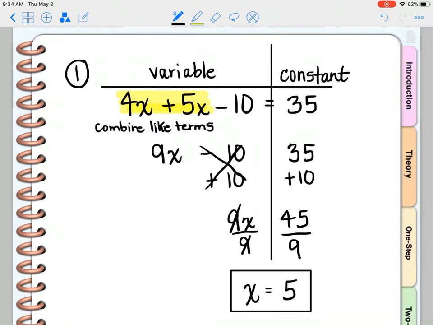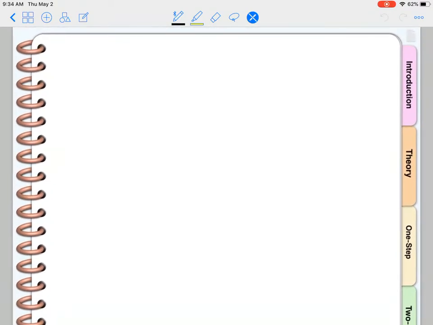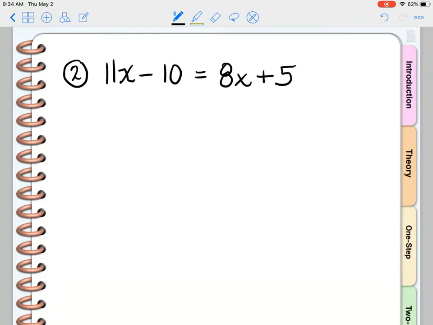Okay, let's look at the next one, which is a completely different kind of problem. On this one, this is problem number 2. Let me label that. 11x minus 10 equals 8x plus 5.